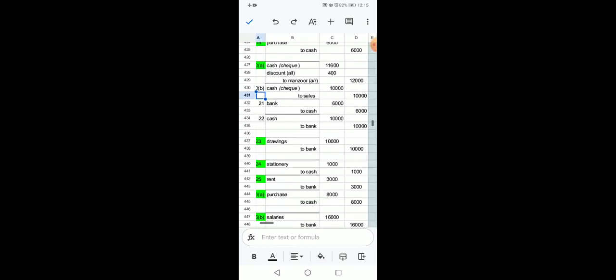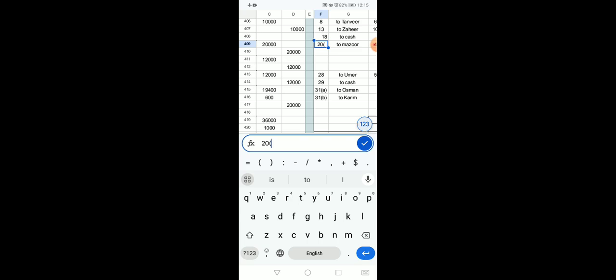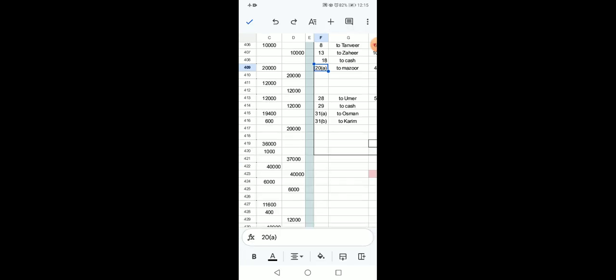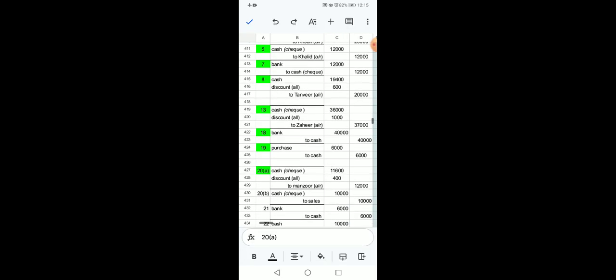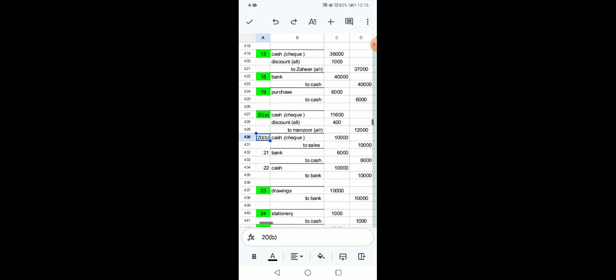Alright guys, I have just created the space for the missing entries. After 20 you will be doing 20B. So first we will be changing the date of the previous transaction, that is now 20A. In 20B there are two elements, cash and sales, but we are associated with only one element, which is cash. Cash is debited 10,000.